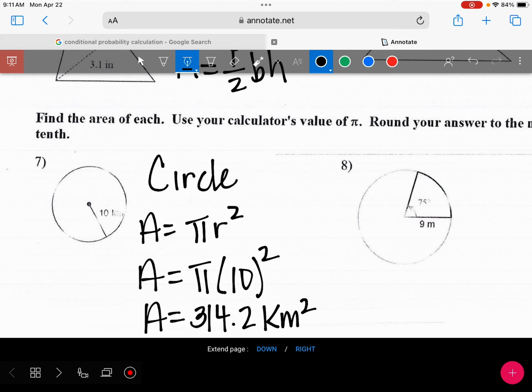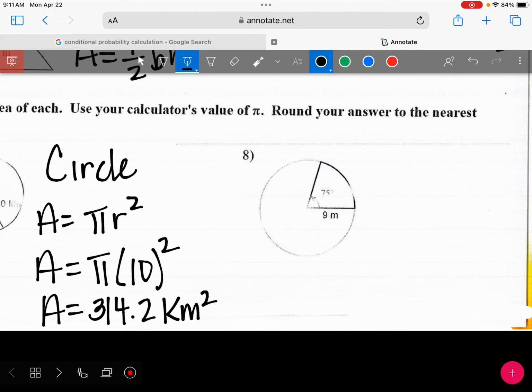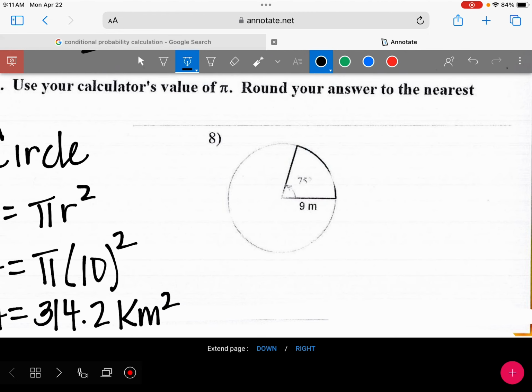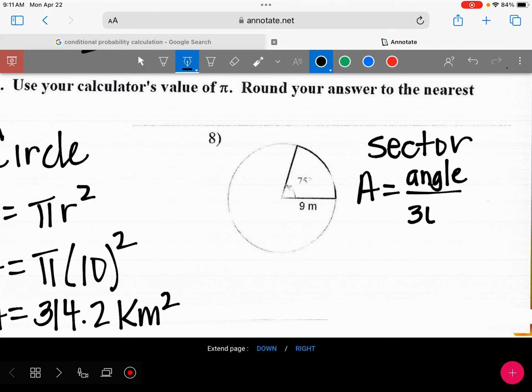All right, number 8 is a test question. And we don't want to know the whole circle. We only want to know a slice. So we call this a sector. And the formula is area equals the angle over 360 times pi r squared.